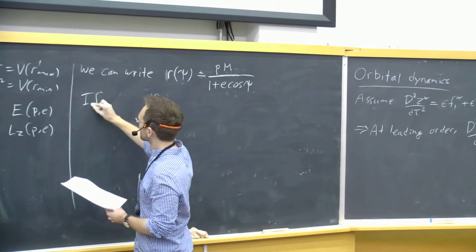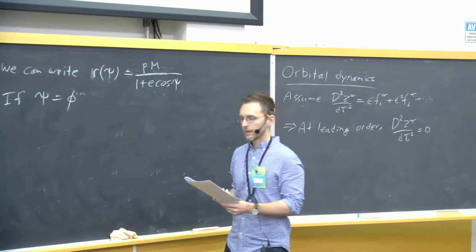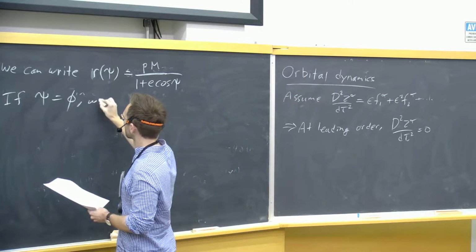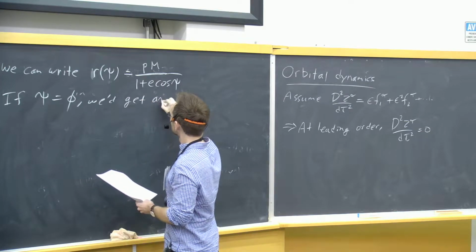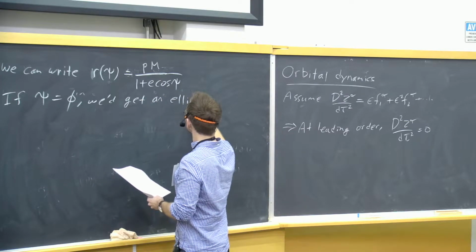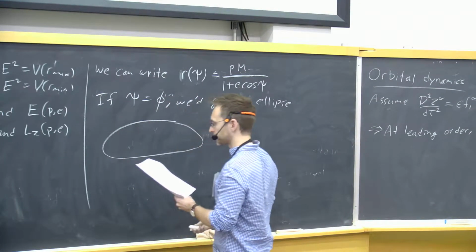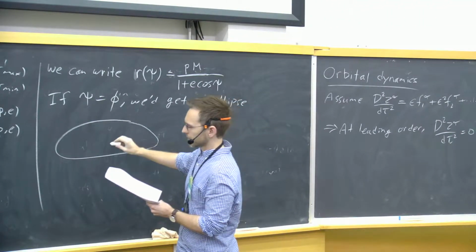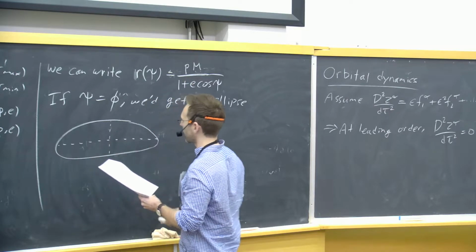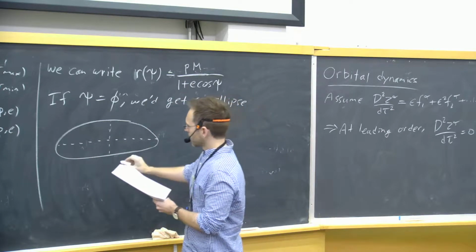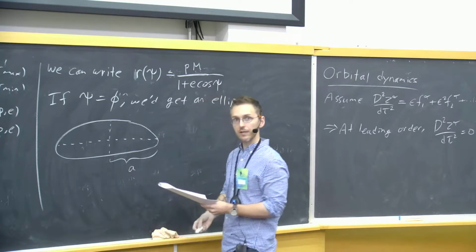So if psi was equal to phi, the azimuthal angle on the orbit, we'd have an ellipse. So here's where I'll draw what P means on an ellipse. This, remember, is the semi-major axis, which is labeled with an A usually.